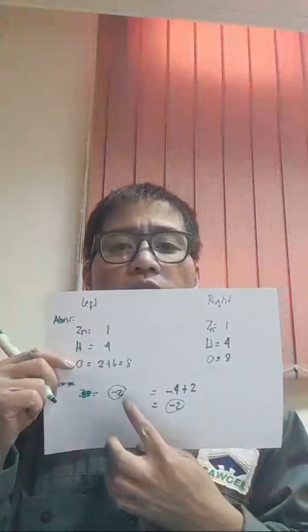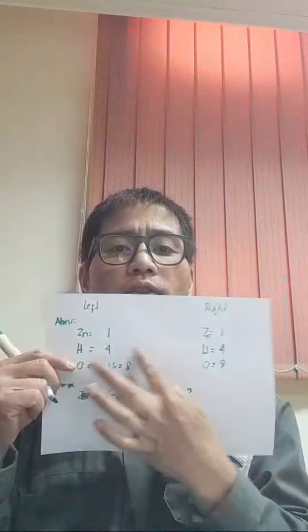So the charges on the left and right are balanced, and also the atoms are balanced on the left and right. Every time you add OH on the left, you also add OH on the right. So this has been balanced already. That is redox in basic solution.